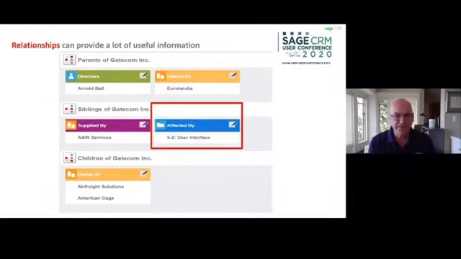Other things that are indicated here are some siblings, and that's really meant to say it could be sister companies, brother companies, or it could be other things. In this case, it tells me that one of the prime suppliers of Gatecom is A&W Services. It also tells me there's a support case out there that's going to affect this company. Important thing to know, and I'm going to show you that a little bit later when I talk about cases.